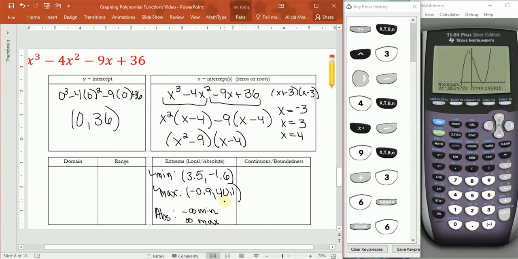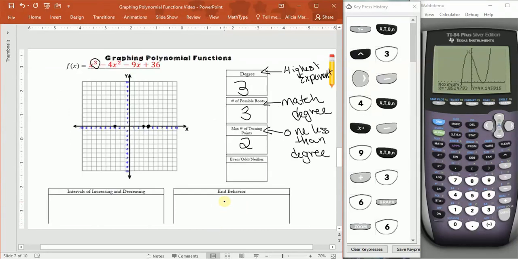So I'm going to go over to my graph here, and I'm actually going to be able to connect through my dots here. So let's go ahead. I'm going to do those 2 dots here. I know my maximum is somewhere way up there, so we're just going to put a dot up there.